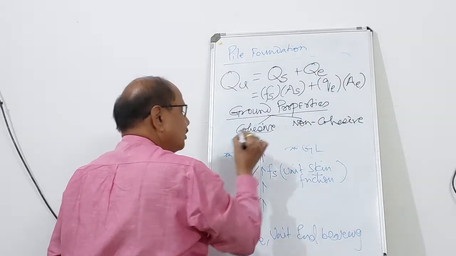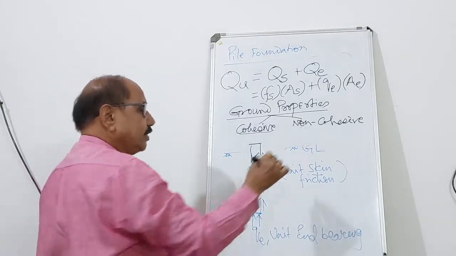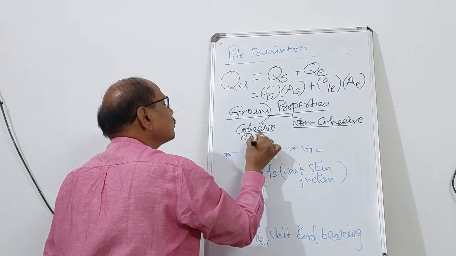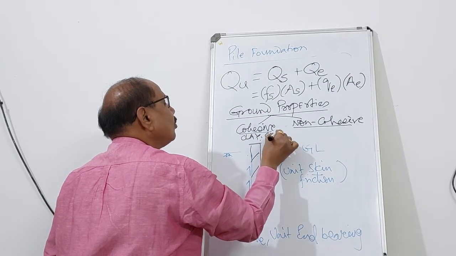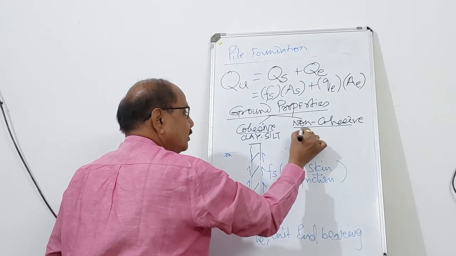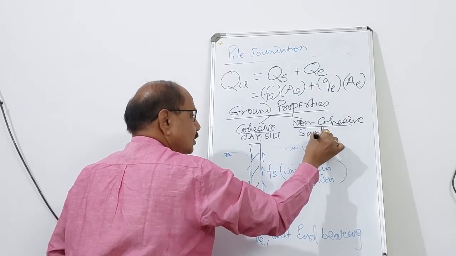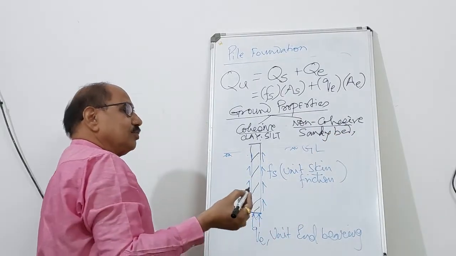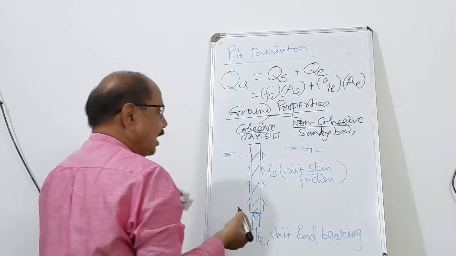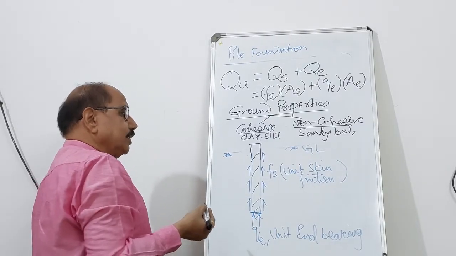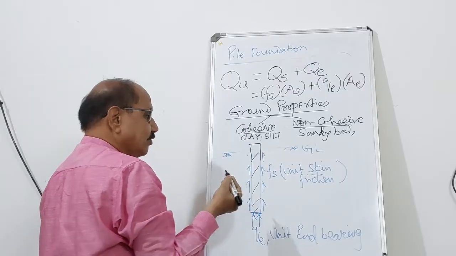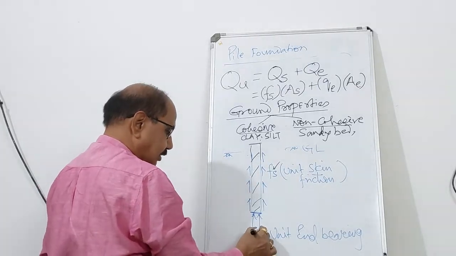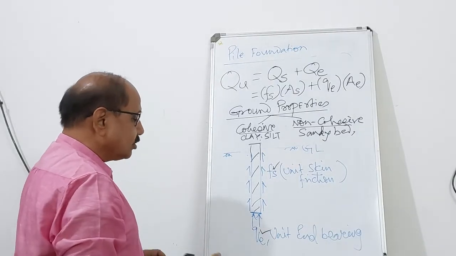The properties of cohesive soil are going to be different from non-cohesive soil. Cohesive soil means it could be clay, silty clay or silt. Non-cohesive means it is going to be sandy bed or gravelly soil. So this kind of soil you are going to get, and its properties are very important in order to find out the unit skin friction and the unit end bearing resistance.